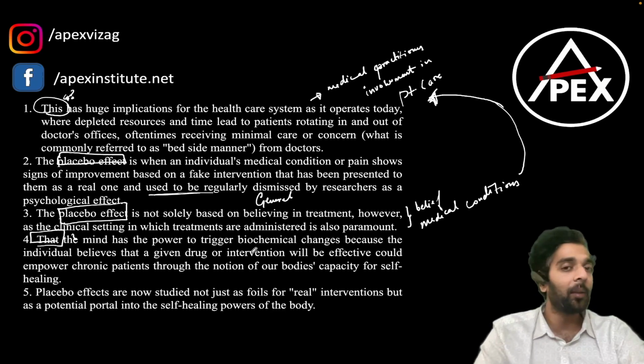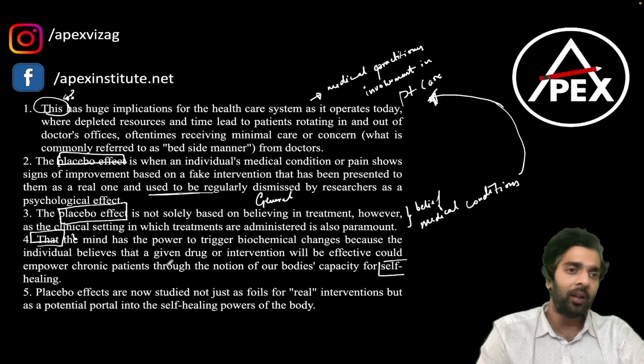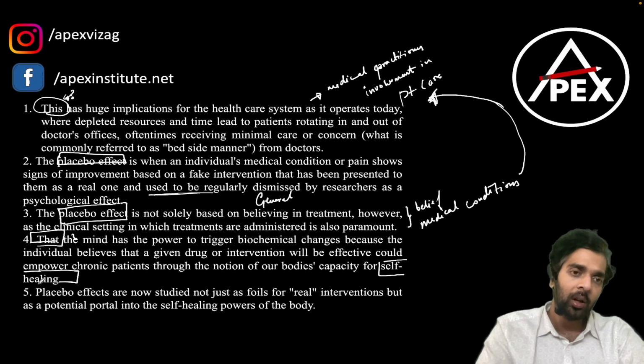So that the mind has the power to trigger biochemical changes because the individual believes that a given drug or intervention will be effective, could empower chronic patients through the notion of body's capacity for self-healing. Fair enough. So here he is talking about something that is helping us in healing ourselves. Whom? The chronic patients, so long-term patients.